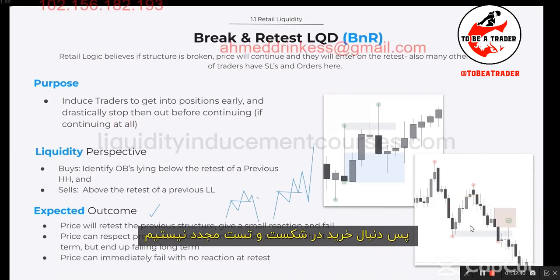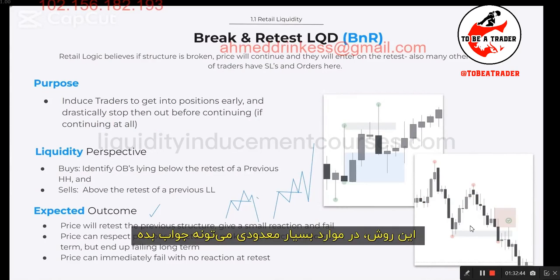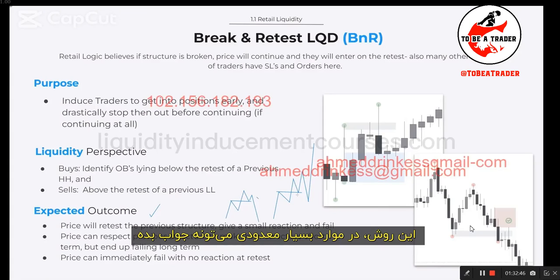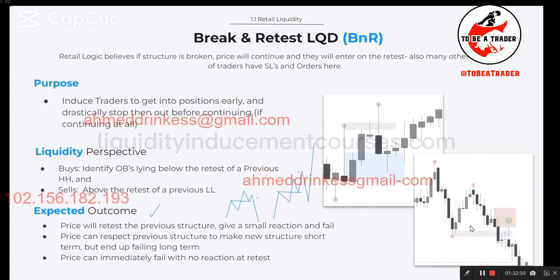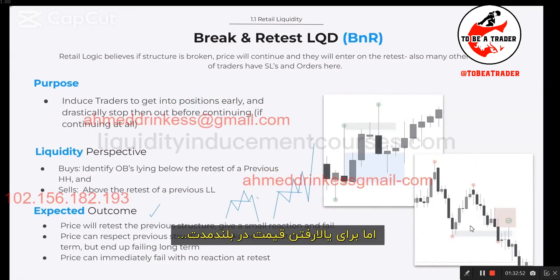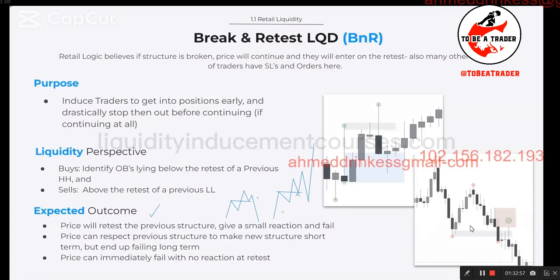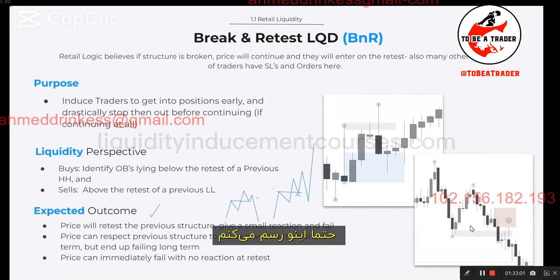So we don't look to buy a break and retest, but know that what can happen is it can work in a very, very small percentage of instances to go higher short term. But in order for price to go higher long term, the retest will still end up getting taken out. I would definitely draw this.